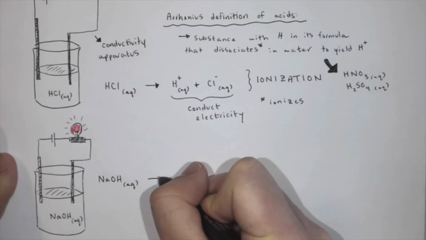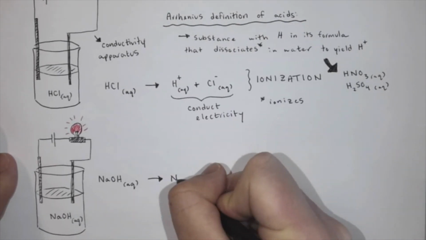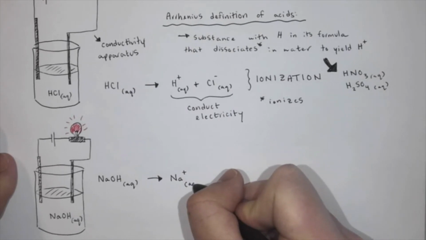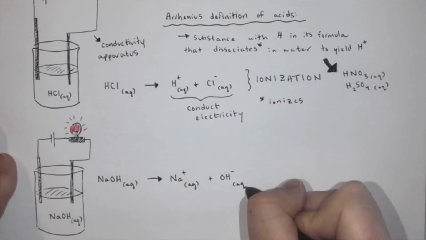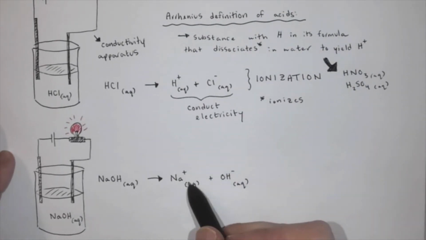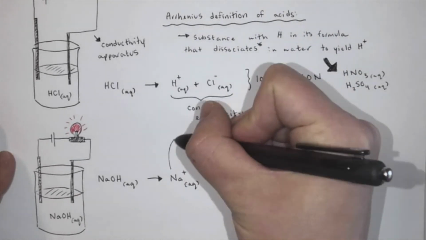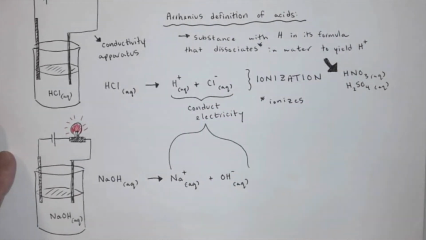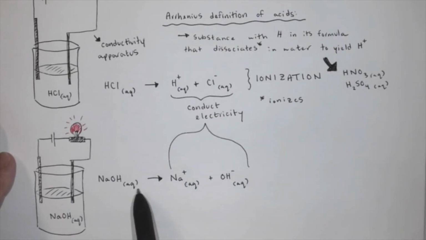Well, I'm getting the dissociation of sodium hydroxide into sodium ions and hydroxide ions. And once again, sodium ions and hydroxide ions conduct electricity.